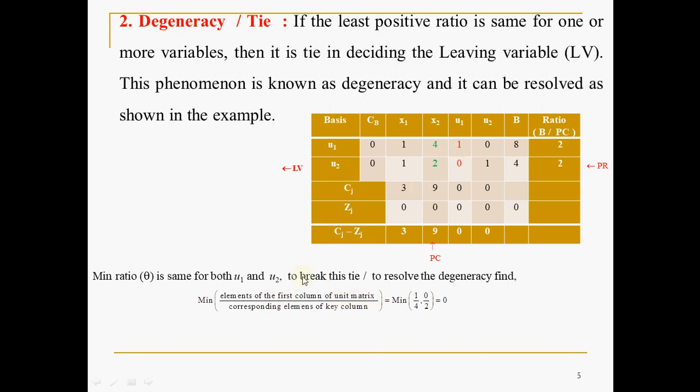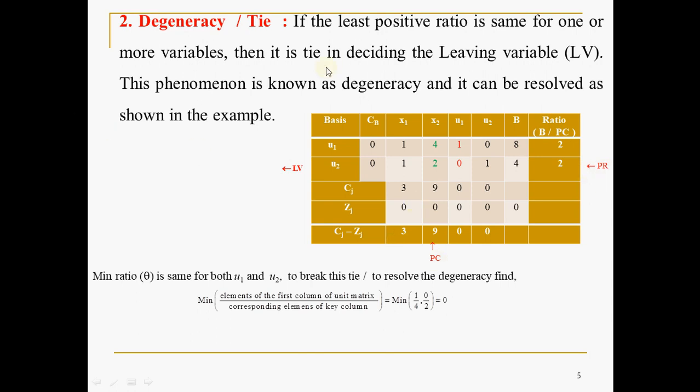The unit matrix starts from the slack variables, 1 0 0 1. So the elements of the first column of the unit matrix, 1 and 0, are divided by the corresponding elements of the pivot column. I have marked the numerator, the elements of the first column of the unit matrix, in red, and the denominator, the corresponding elements of the key column, in green. 1 divided by 4, 0 divided by 2. 1 divided by 4 is 1 by 4, 0 by 2 is 0. Out of this, the minimum is 0, which corresponds to u2. Hence u2 becomes the leaving variable, or this is the pivot row.